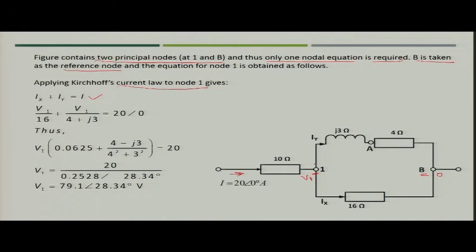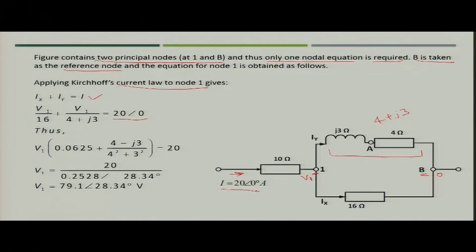You can write V1 divided by the impedance of the complete branch. So, what is the impedance now? This is resistance, so this is 4, this is inductance, so you can just simply write J3. So, what would be the current Iy? It will be V1 upon 4 plus J3, and this will be equal to the current value which is given in the example.